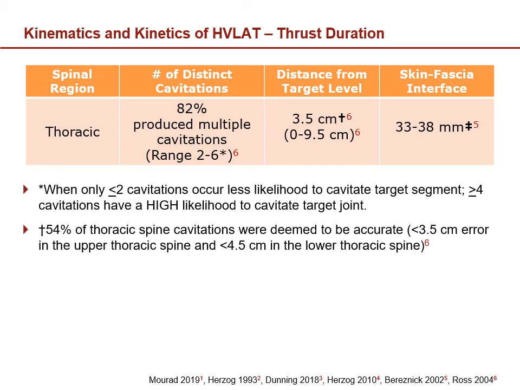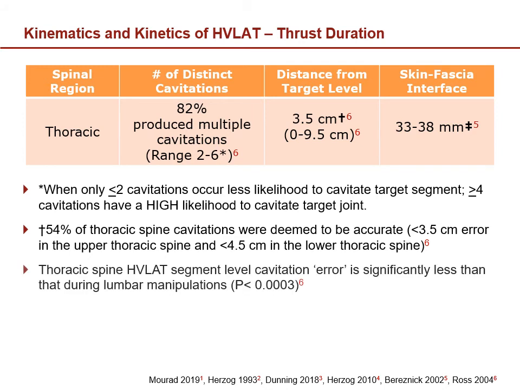54% of the thoracic spine cavitations were deemed to be accurate, and accurate was defined by less than 3.5 centimeters of the upper cervical spine and less than 4.5 centimeters in the lower thoracic spine. And this was determined by the height of the vertebral bodies.